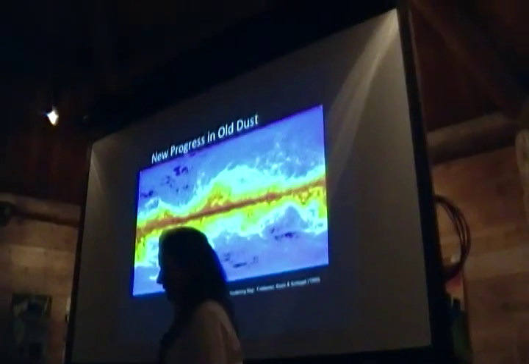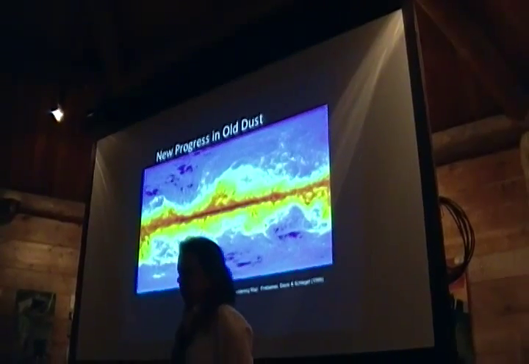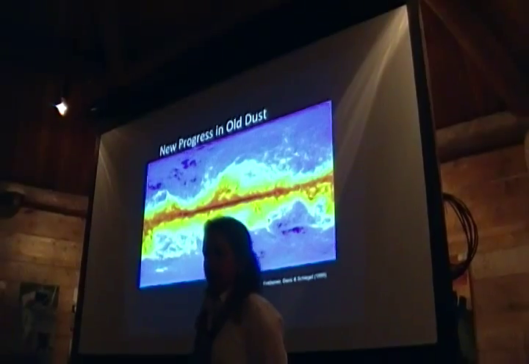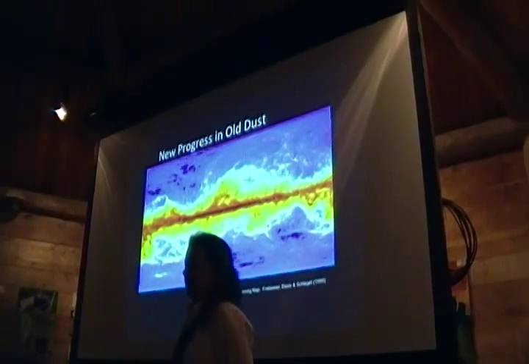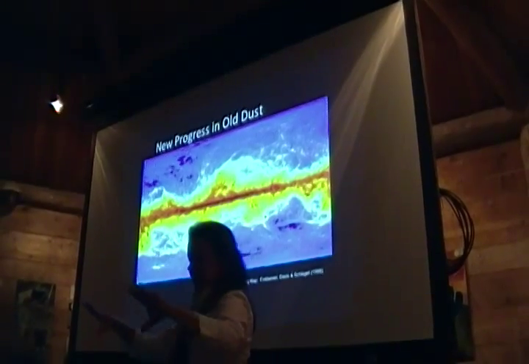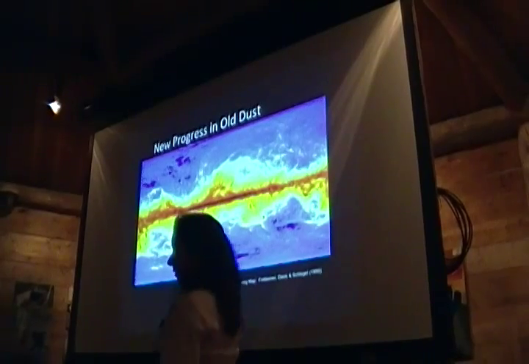I promised that I would tell you a little bit about what's new in dust. So here are a few things that are new in dust. People who study all different kinds of things in the distant universe have to look through our own Milky Way to see them. Our Milky Way is really dense as a flat round thing, but see all these little wispy parts?